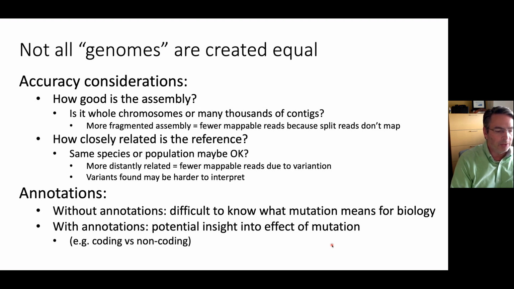I think most people intuitively imagine the genome sequence of something looking like chromosome length DNA, and that's just not the case. Usually it's broken up into the pieces that you could assemble.